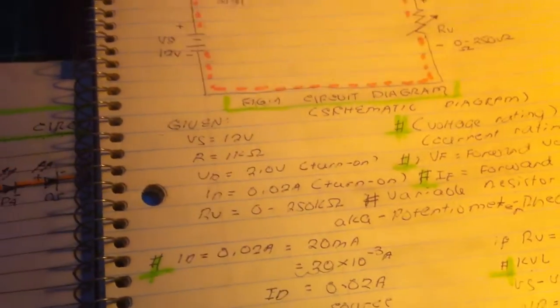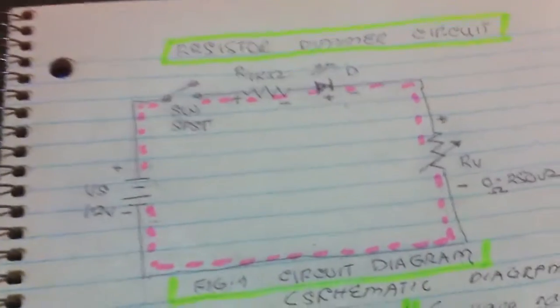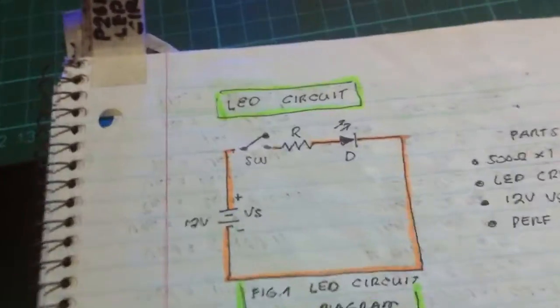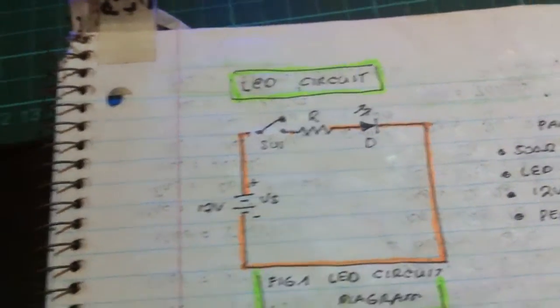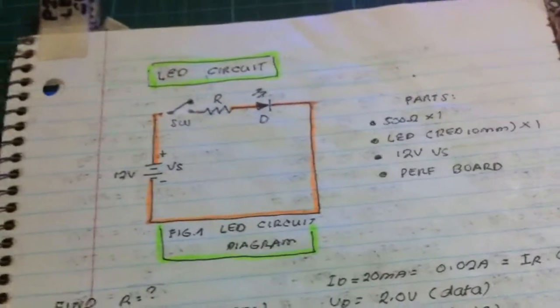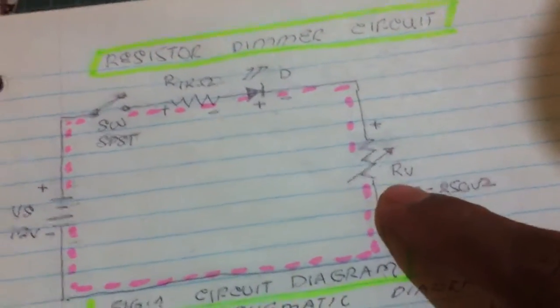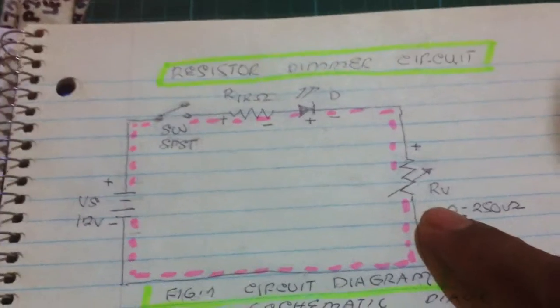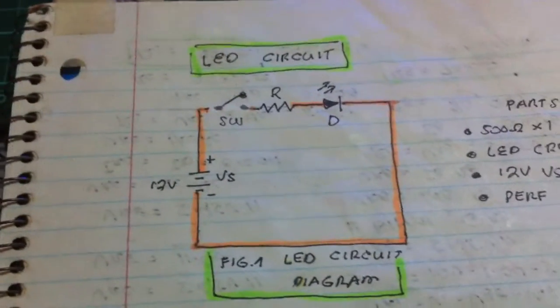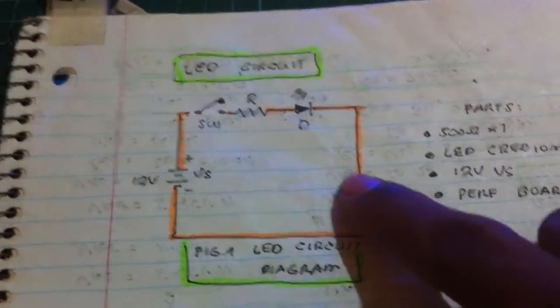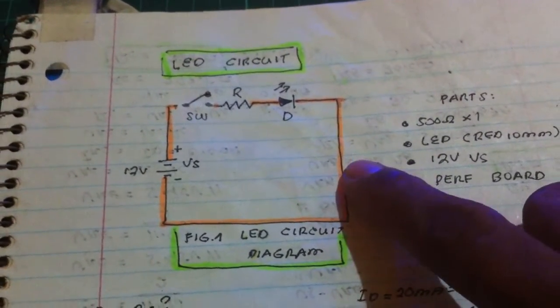So what are we going to calculate with that circuit? This is from the LED circuit, and you just put a variable resistor here on the side. See the diagram of this and the previous circuit. You just put a variable resistor here.